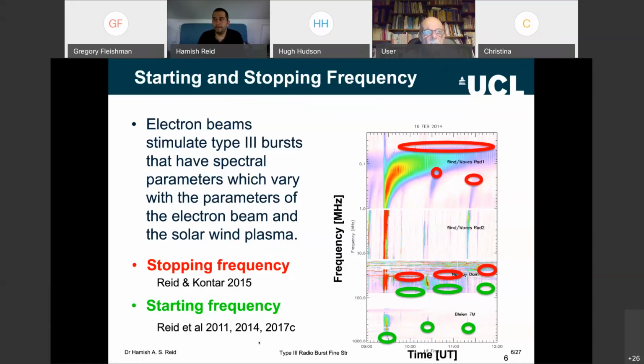And in addition to that, you can have acceleration not only at the low atmosphere, you can have acceleration higher up, secondary shock acceleration in shocks that can produce type 3s starting at lower frequencies.